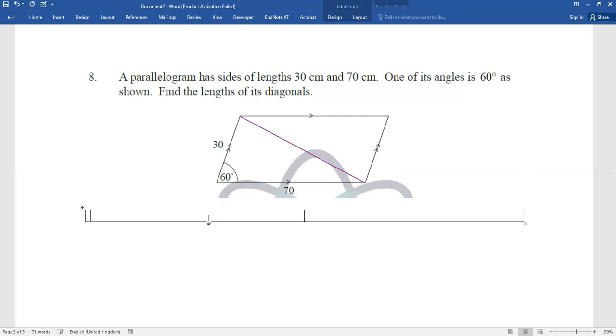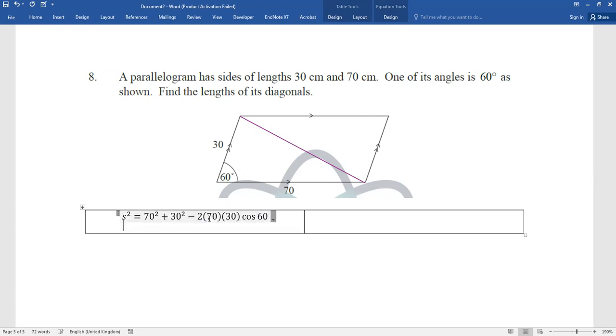One is the smaller diagonal, one is the larger diagonal. I'm calling it S, smaller diagonal. So S square is 70 square plus 30 square minus 2 into 70 into 30 cos of 60. Now you can under root the entire thing and tell me the value of the smaller diagonal.